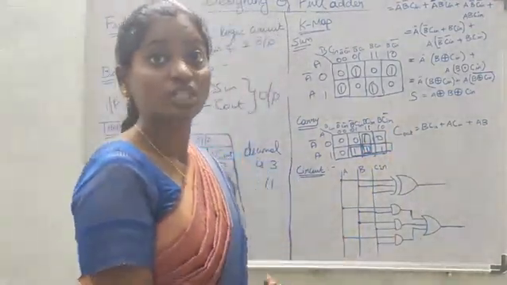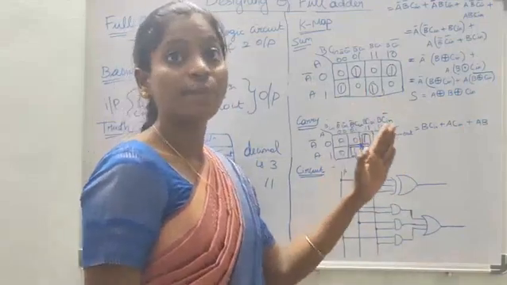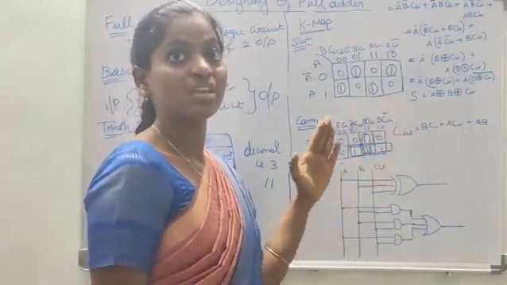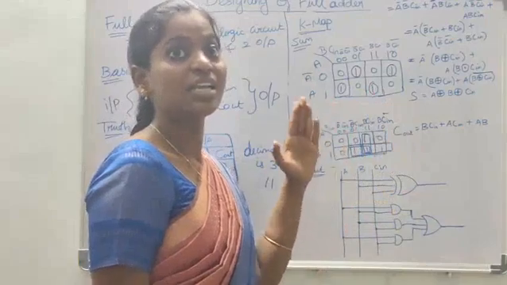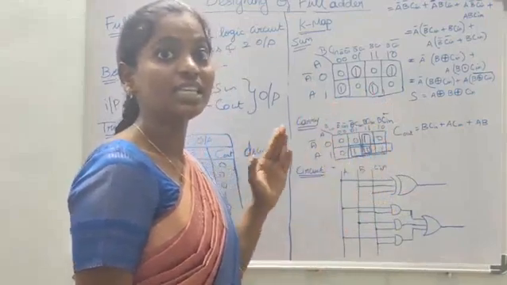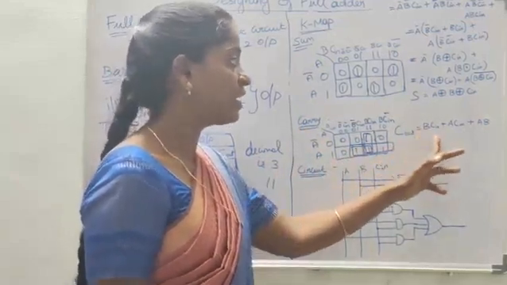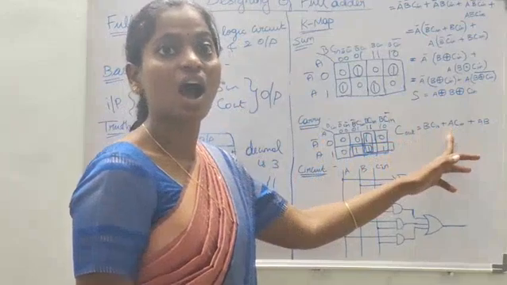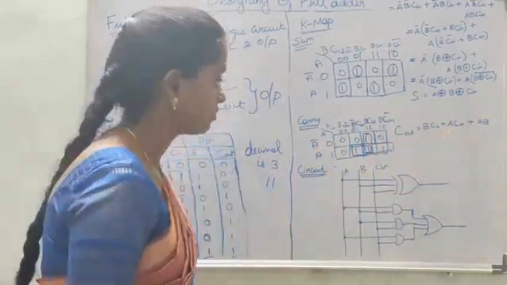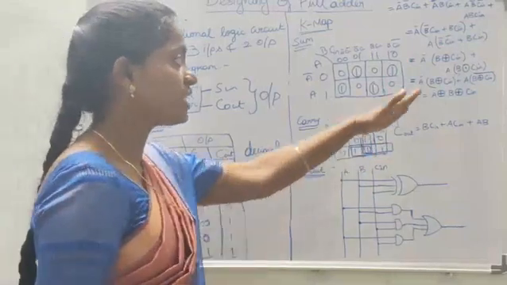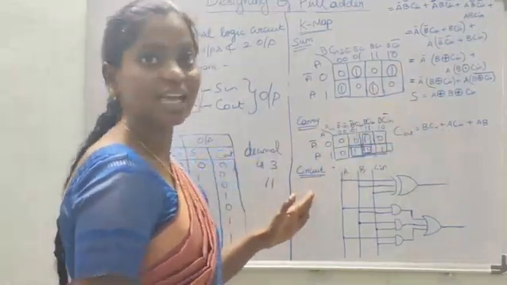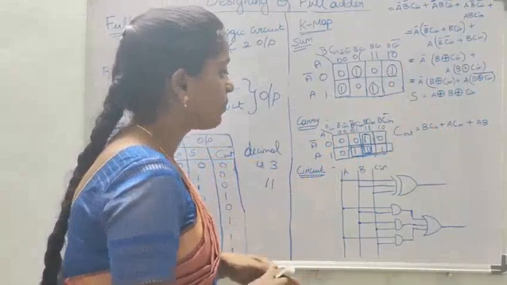The carry out is equal to A B plus B carry input plus A carry input. In this expression, multiplication represents the AND gate and plus represents the OR gate. By using this expression, we can design circuits.